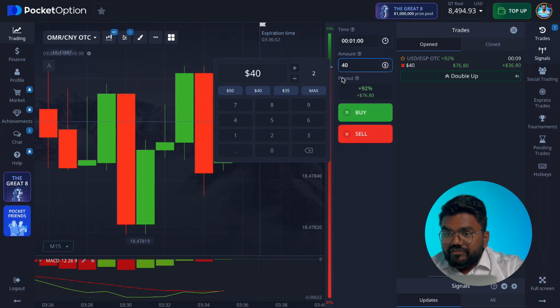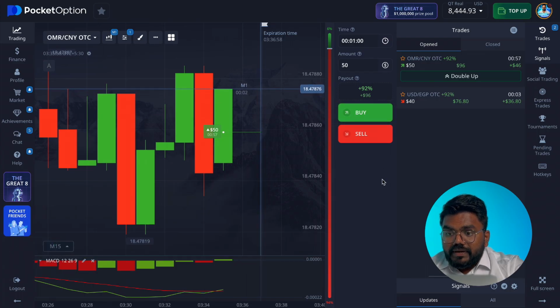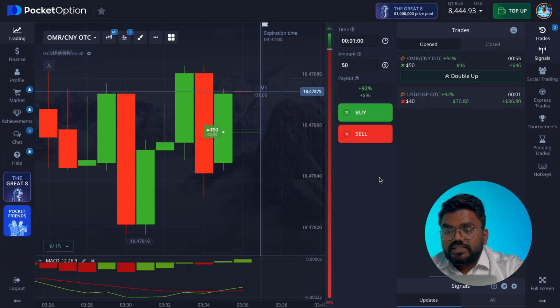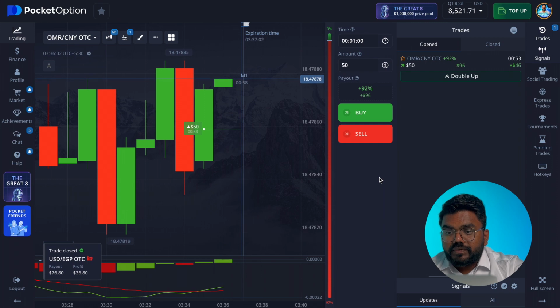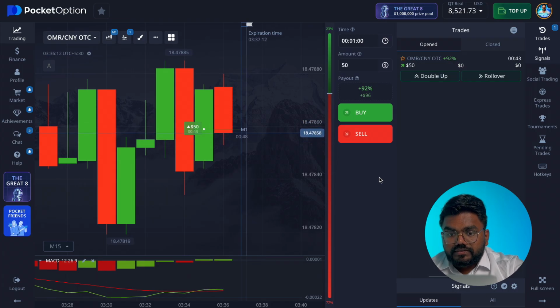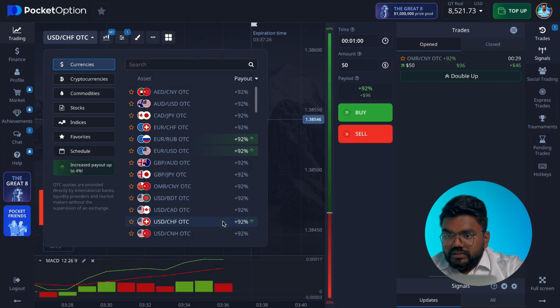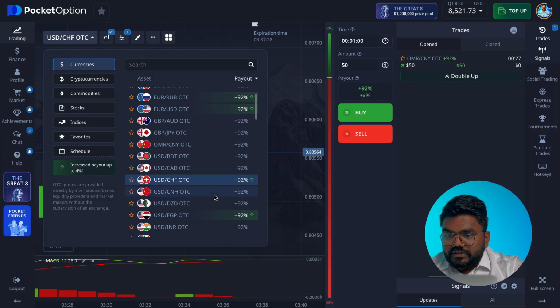So we can bet it for $50, and we can see it's just up because of the crossover, it's going up, and it happened and it's moving up. Higher chances the candle, the closing bar, will be going to be here, and the entry point was from here, and the bar is going to close right now.